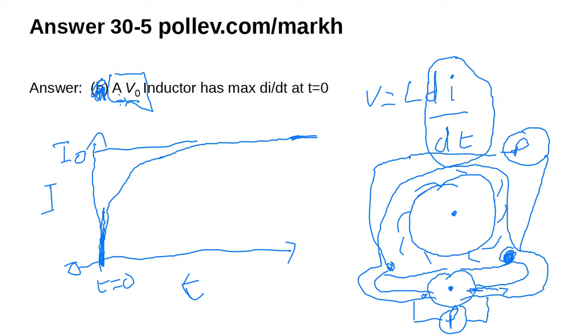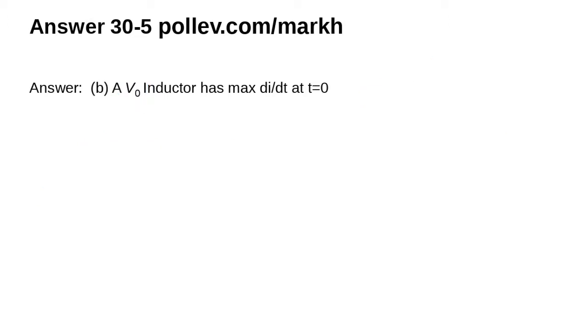And then the same is true for the analogous electrical circuit. So we've got our electrical circuit, inductor in. Then at the instant when we connect up this circuit, we've got no current flowing here.